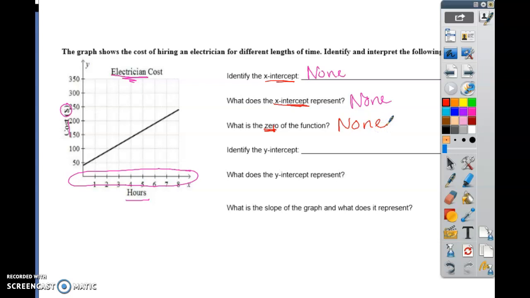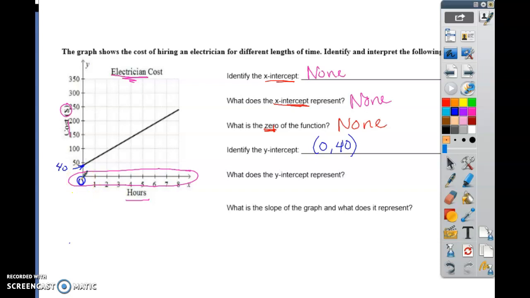Now identify the y-intercept. Where is the y-intercept at? 50 or a little bit less than 50? A little bit less than 50. Let's just say 40, right? So at 40, what happened? What's happening right here at 40? Has he started working?